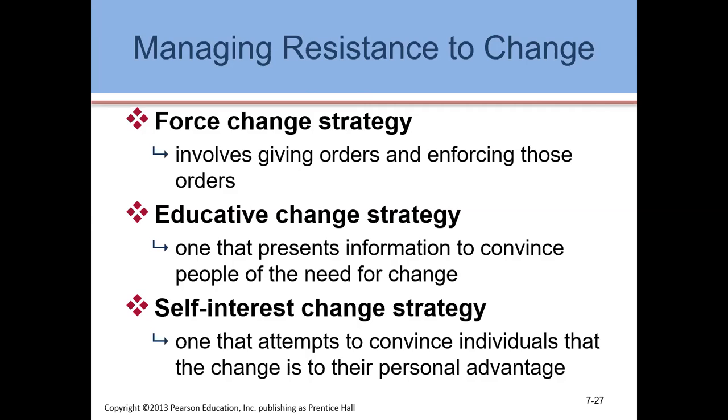Another is the educating change strategy, which presents information to convince people of the need for change. Another is the self-interest change strategy, which attempts to convince individuals that the change is to their personal advantage.